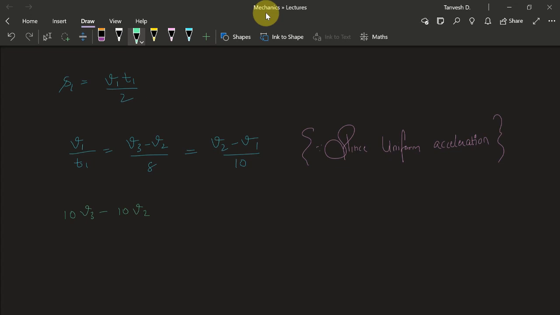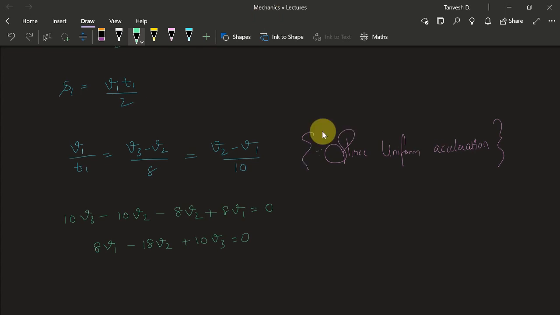So I'll bring all of them to the left hand side, minus 8 v2 plus 8 v1 is equal to 0. I'll utilize these two equations. So we get 8 v1 and then this will be minus 18 v2 plus 10 v3 is equal to 0, right? Plus 8 v1 minus 18 v2 plus 10 v3 equals 0. So this is one more equation that has been formed here. So this is the third equation.